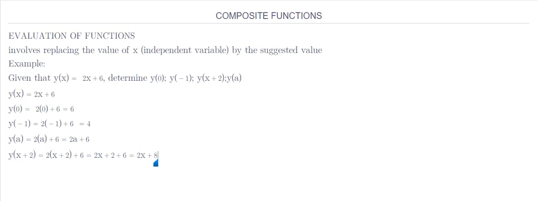I want you to master the last concept that I've just said. Y of x plus 2. It is going to help us later in the calculation or evaluation of composite function. Y of x plus 2. We need to take x plus 2, substitute, instead of putting x in the function of y, you put x plus 2 in a bracket.